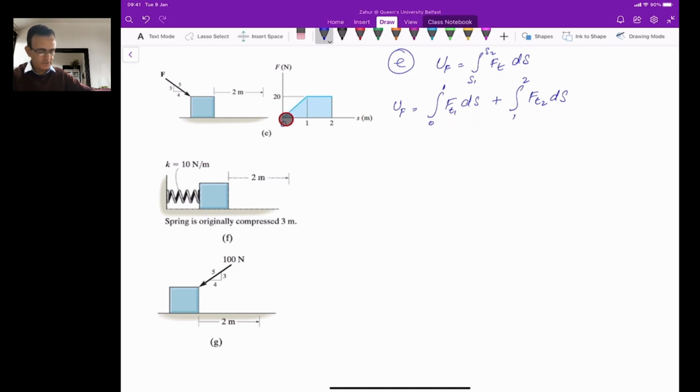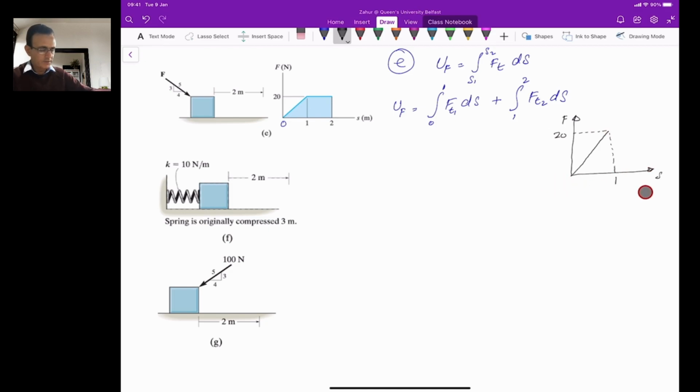To calculate the equation for the first part, from 0 to 1 for s, consider this triangle here. This was our f and this is our s, and we know that the force is changing with the distance according to this equation, and we know that this is 20 and this is 1.